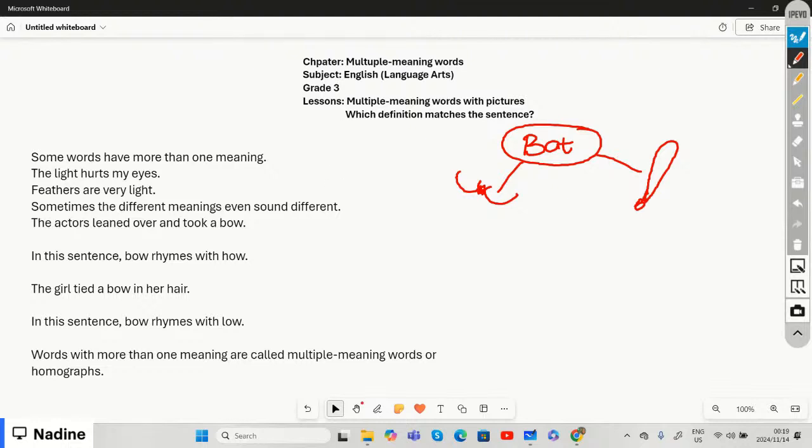That is one of the words with multiple meanings. It's one word, bat. For example, you say you are afraid of a bat, and then the other one is a bat that you play a certain sport with.